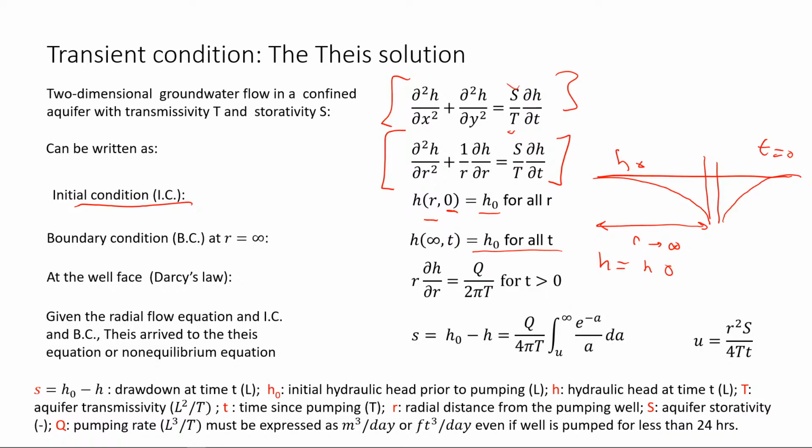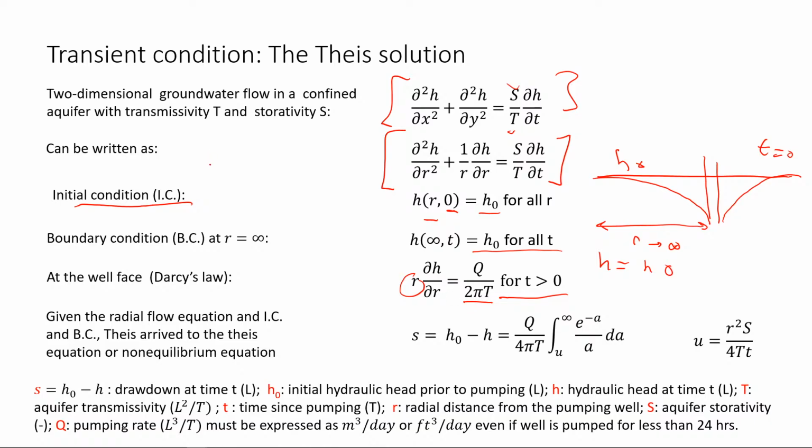And at the well face, we have Darcy's law. So we assume that Darcy's law is valid at the well face, for any t larger than 0, and we have seen this before. That's Darcy's law: delta h over delta r, and that's 2 pi T r. That's your area times your hydraulic conductivity.